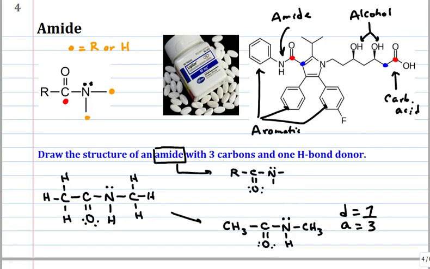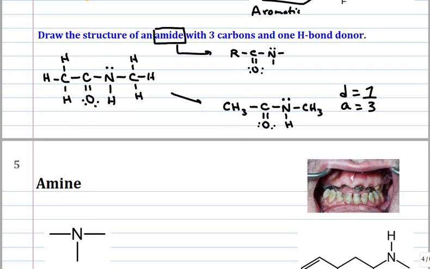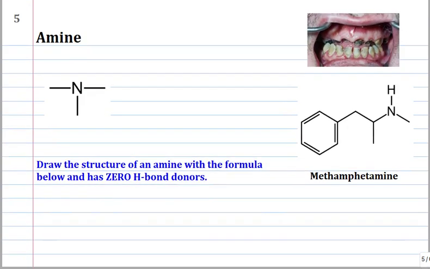All right. We've got 1 more family to learn. I know, there's a lot of them. Sorry, that's the way it goes. The last family is called amine. Now, in the playbook, I say there's different subcategories of amine.